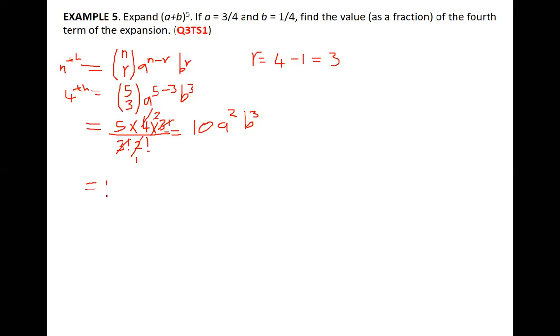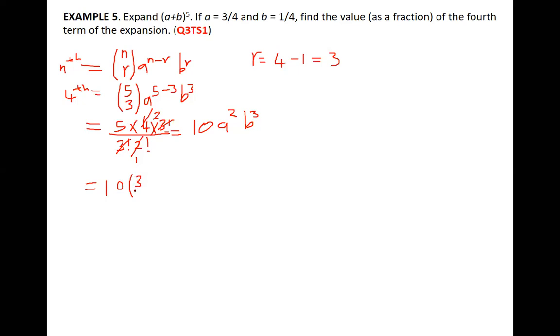When you reach this point, it's just a matter of simplifying and plugging in the values of a and b. So 10 times a, and your a, according to what you've been given here, is 3 over 4.